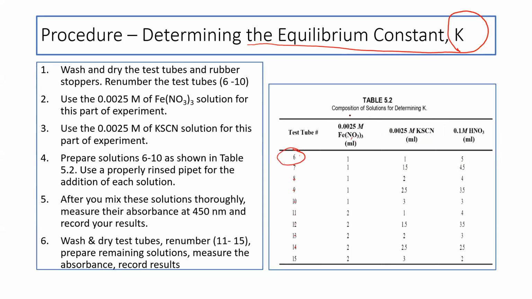Let's do that. This is for iron 3+. What will we be doing? 1 milliliter of iron 3+ times the concentration of our solution, 0.0025 molar, over the volume, which is what?